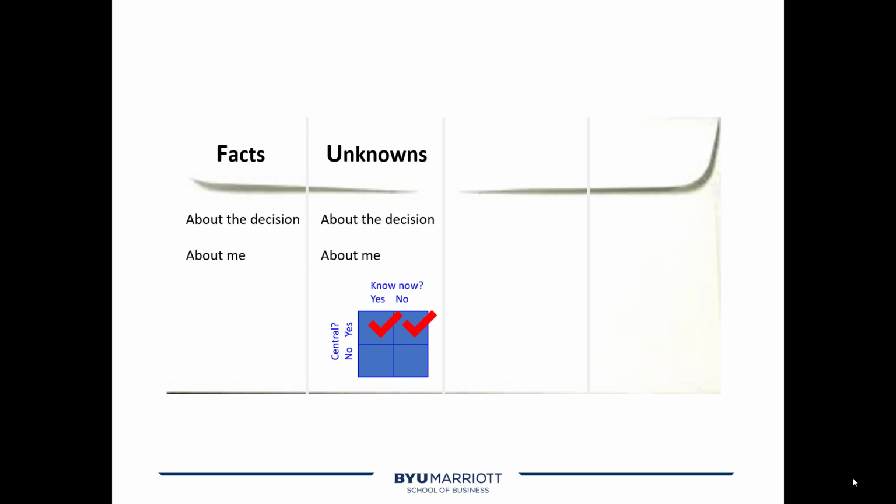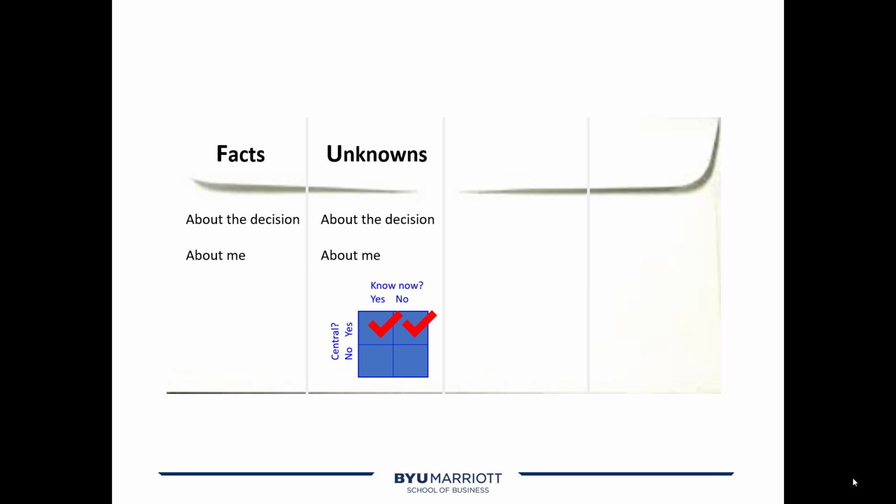Now that fourth box, where it's not urgent and not central to your life, that's pretty self-explanatory, but it's amazing how much time we spend in what Covey calls quadrant 4, meandering around in things that aren't really urgent to know and aren't really central. And oftentimes we'll simply pick up that information because it's easy, or because it happens to be convenient, or it happens to make us feel good, but it won't influence the decision that we're going to make.